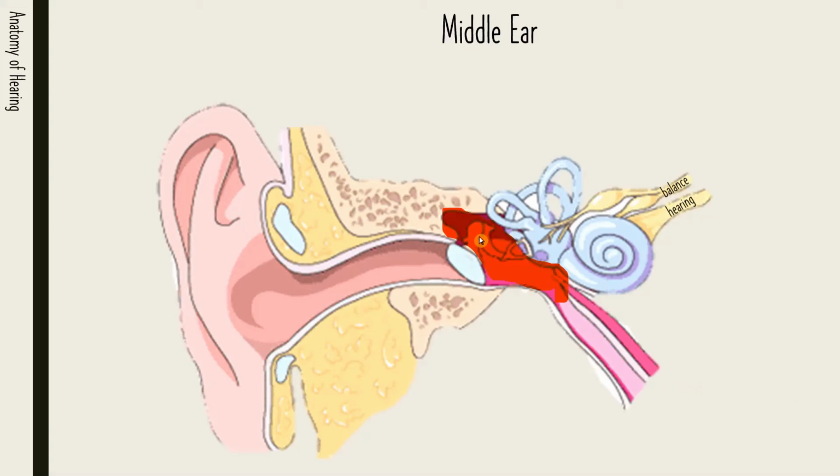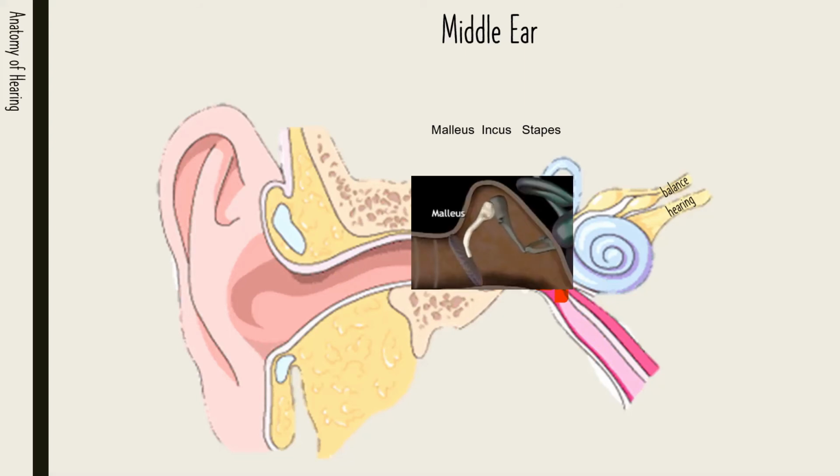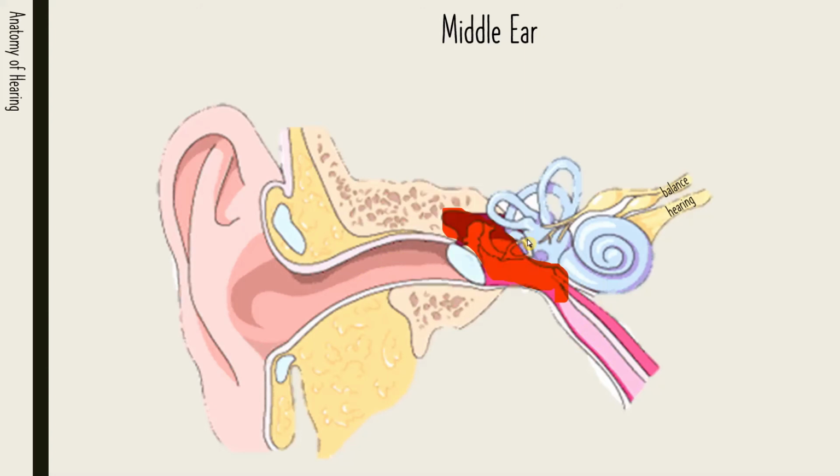So we said that we've got these three ossicles. We have the malleus, the incus, and the stapes, and vibration at the tympanic membrane as a result of the vibrations in air hitting the tympanic membrane set up vibrations through the ossicles, and those vibrations relay through the stapes, specifically the footplate of the stapes, onto an oval-shaped, flexible membrane on the cochlea, which we know as the oval window.